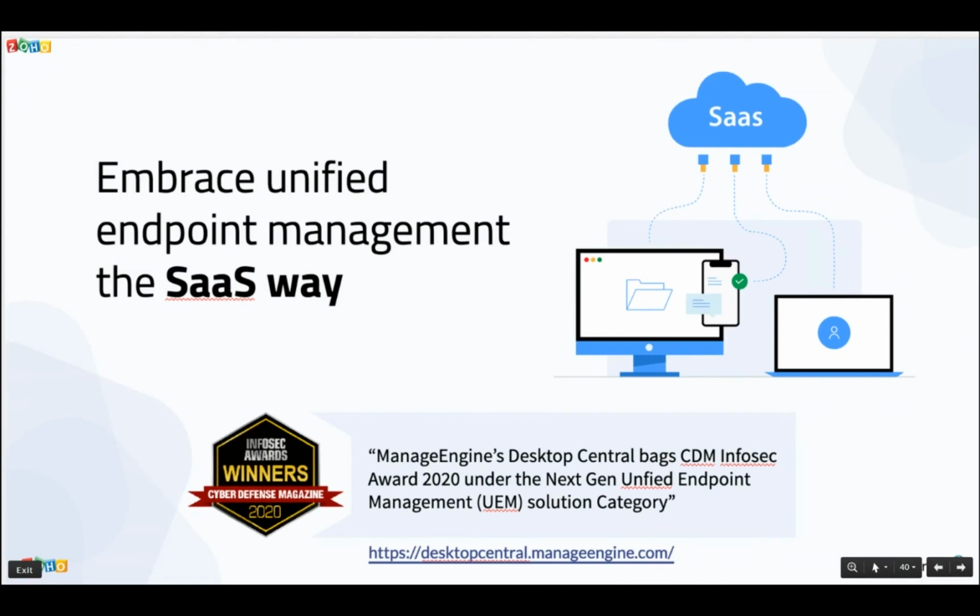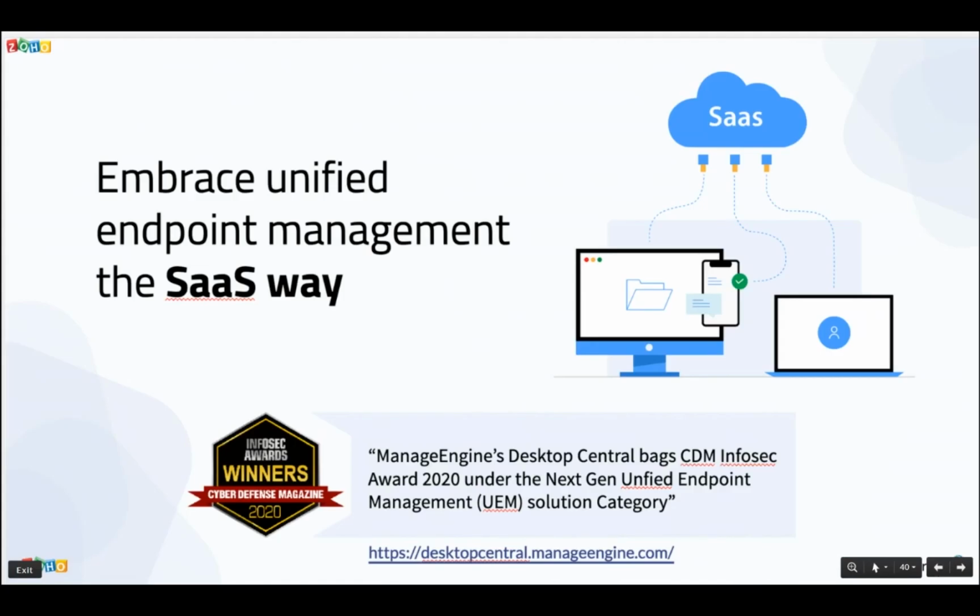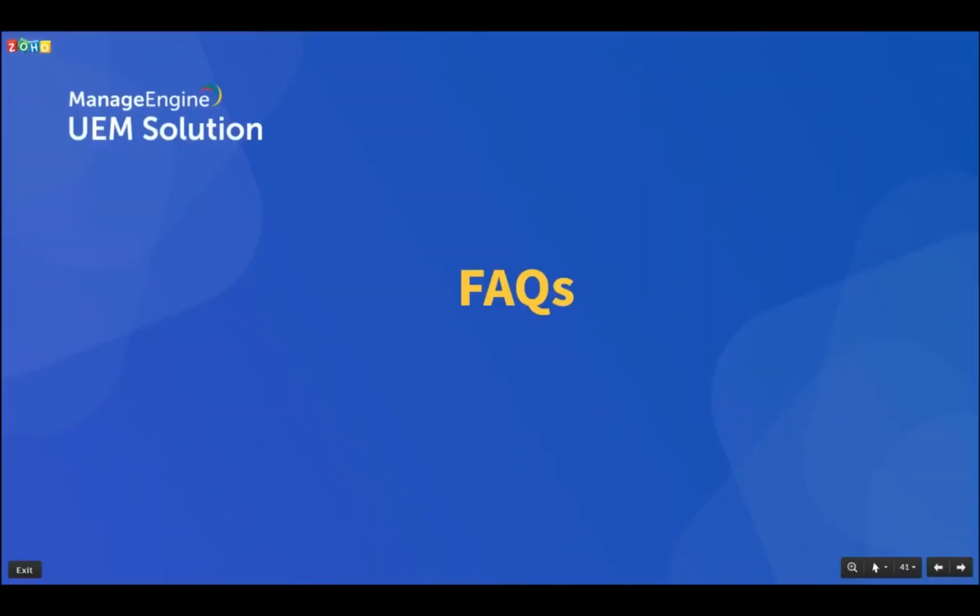Everything is taken care of by Desktop Central. So you just simply sign in. You have the link at the bottom, desktopcentral.manageengine.com. You just sign up, sign in, install the agents, and start managing them the way you want. So that is how we are managing the endpoints in Desktop Central Cloud.